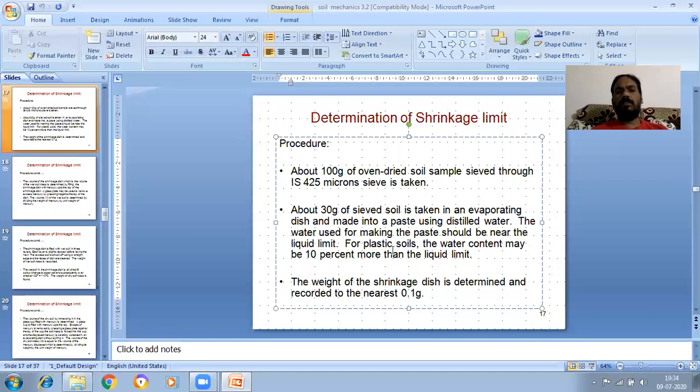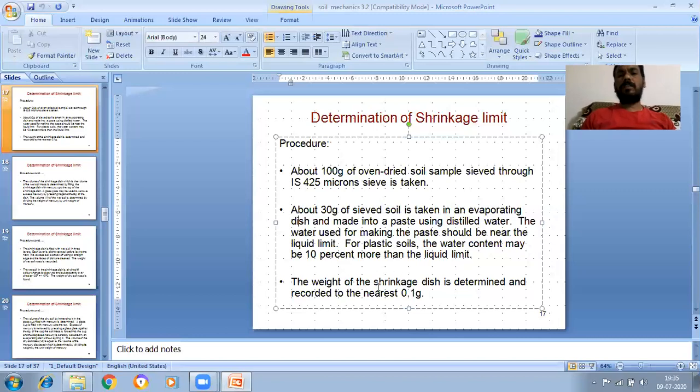The water used for making the paste should be near the liquid limit. How much water should we add? Approximately the liquid limit. Whatever the liquid limit of the soil is, that much water we should add to the soil. For plastic soils, the water content may be 10% more than the liquid limit.